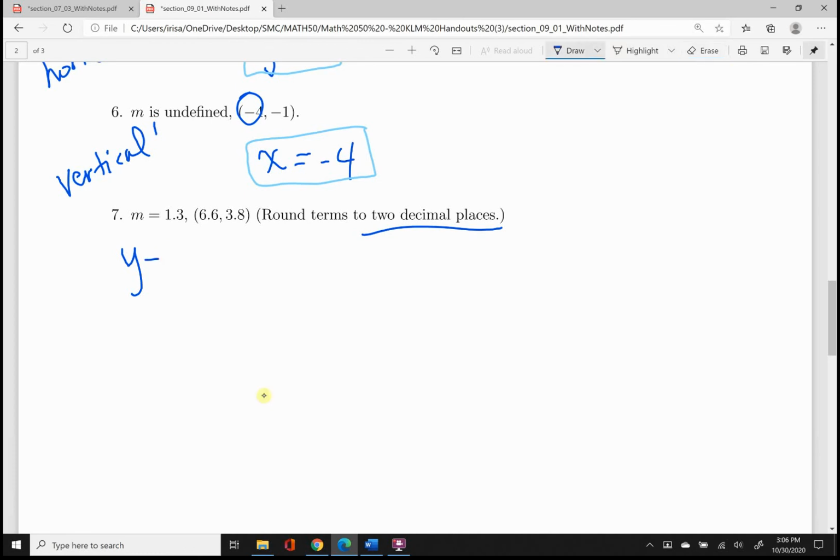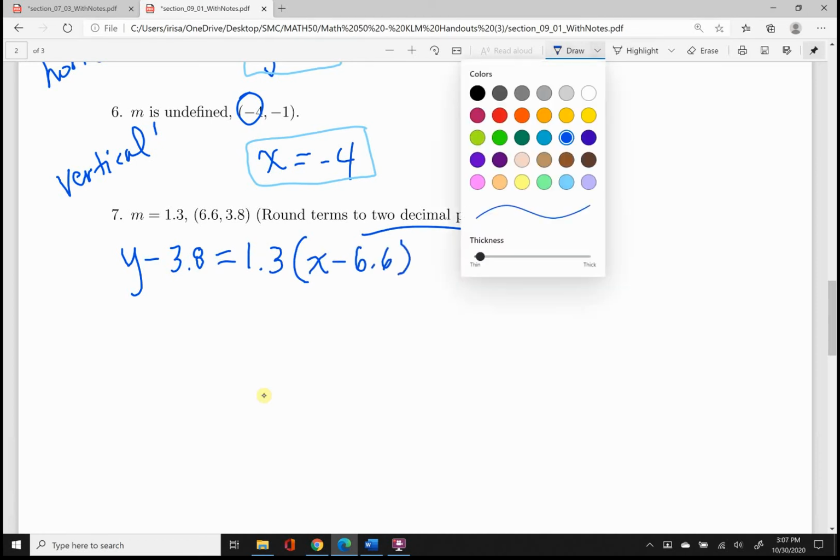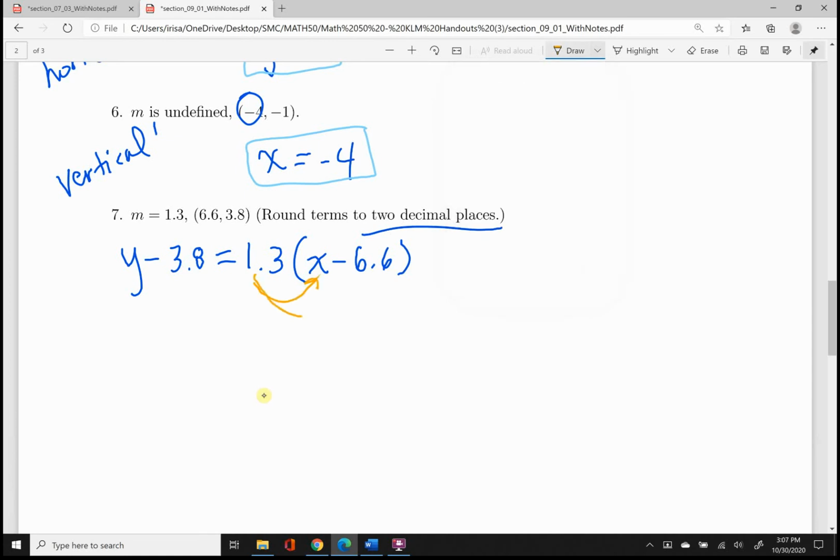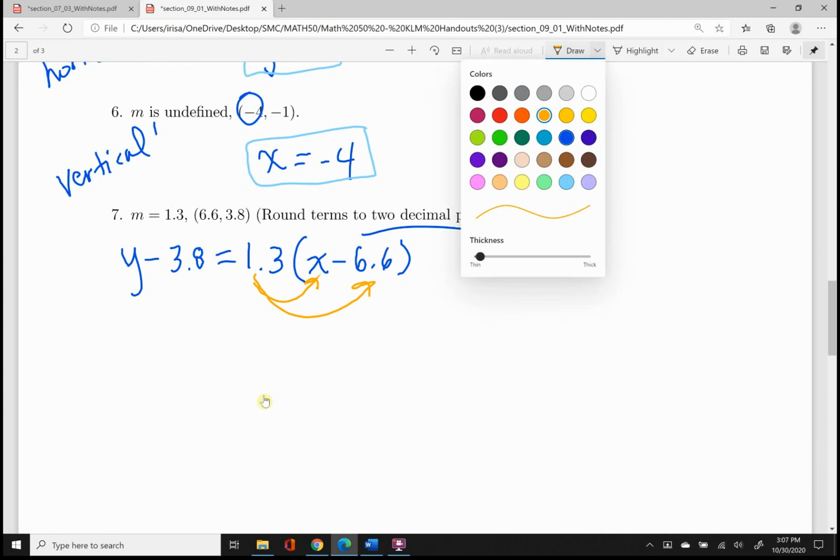Okay, so that'll be y minus y1, which is 3.8, equals the slope of 1.3 times the quantity x minus 6.6. Okay, so you're going to reach for your calculator for this distribution step, okay, which is this and this. Well, at least this step, you'll reach for a calculator.